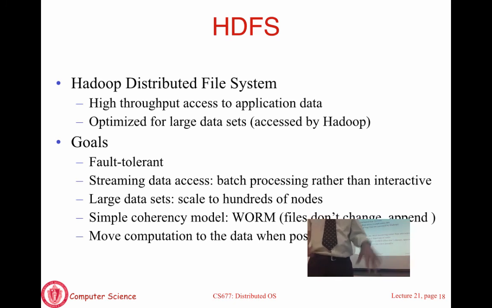It's not meant for editing a file or reading mail. It is meant for when I have a very large data set, I want to process it in parallel and do some computation on it. How do I do that effectively? So it is meant for reading very large data sets in parallel by lots of machines that do some computation. They may write some intermediate results. But it's a distributed file system optimized for batch application, not interactive application.